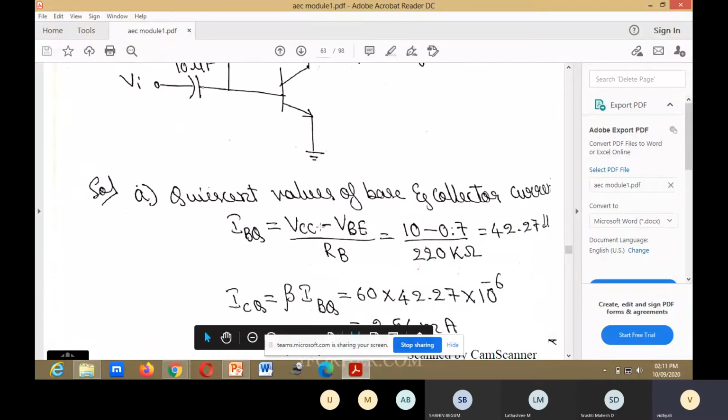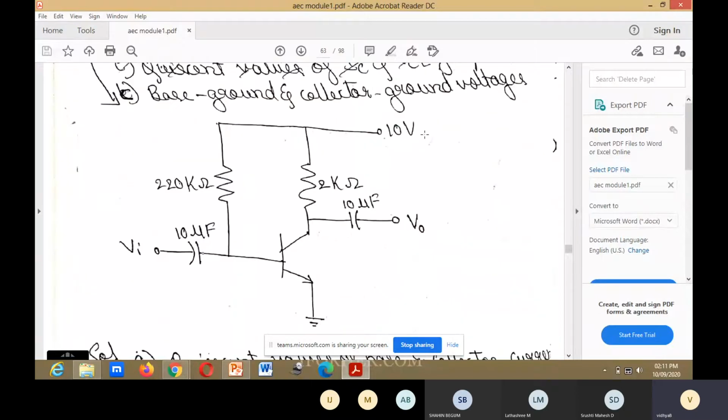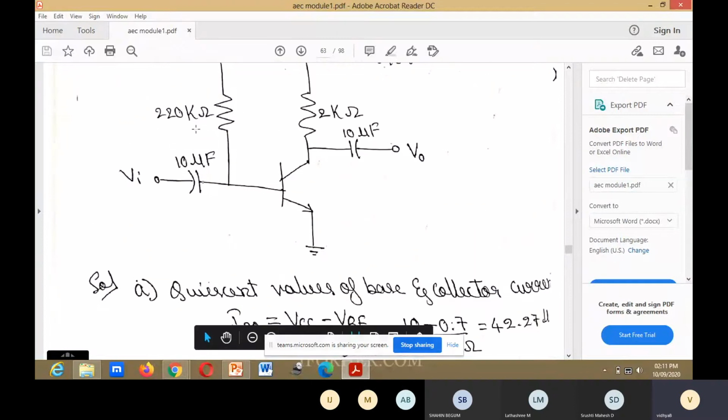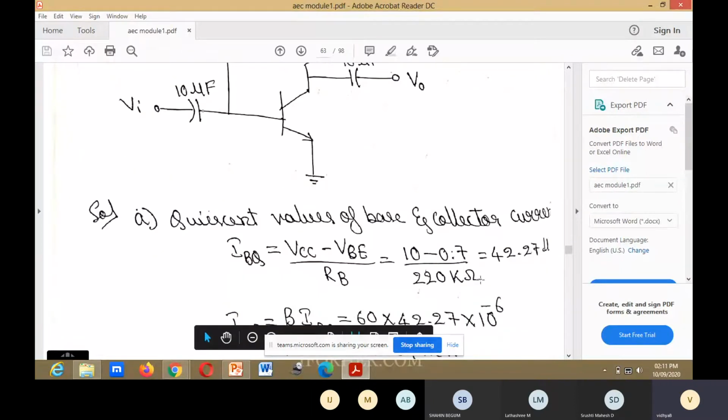IBQ is equal to VCC minus VBE divided by RB. We know the value of VCC from the figure. VCC is 10 volt minus VBE, which in the question they have given as 0.7. The RB value, you can see here, is 220 kilo ohm.